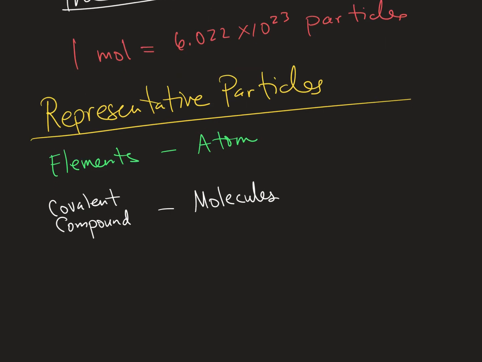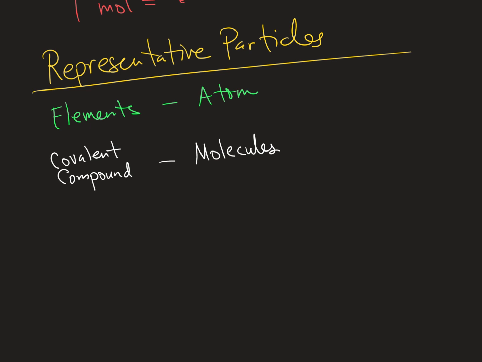And if we have ionic compounds, these are called, now a lot of times people in general will call them molecules still. And I don't care if you call them molecules, and you might. But the actual name is formula unit.